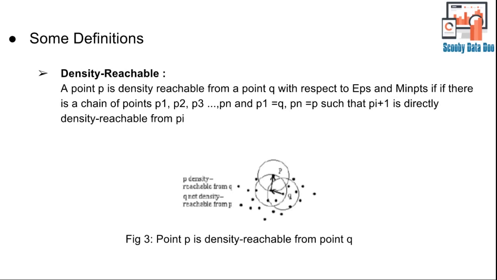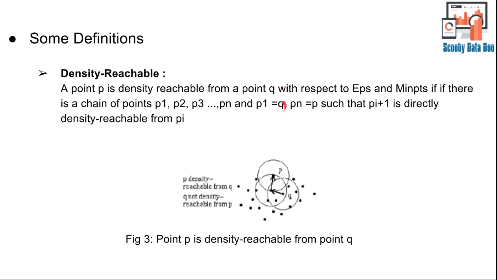We have a chain of points P1 to Pn, where P1 is equal to Q, from where we are starting, and Pn is the last point. So we were saying P is density reachable from point Q, right?